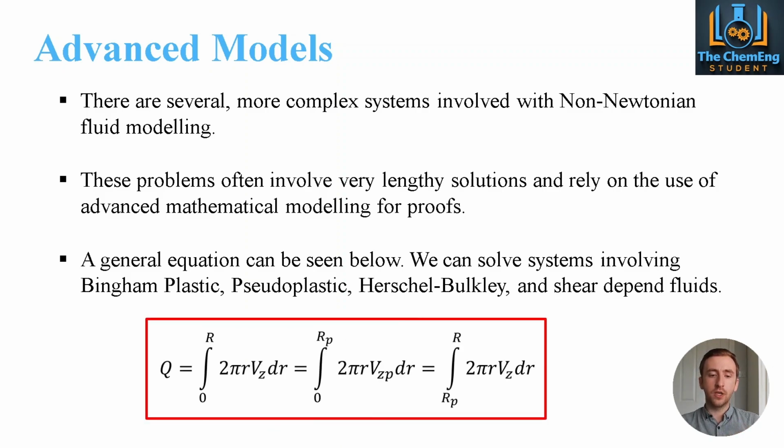And the equation that we use is for volumetric flow. We can have it as a relationship between the nomenclature of the pipe. So we have the radius of the pipe, we have the pi r, and v, so that's our velocity, as a function of the radius of the chunk of the fluid.